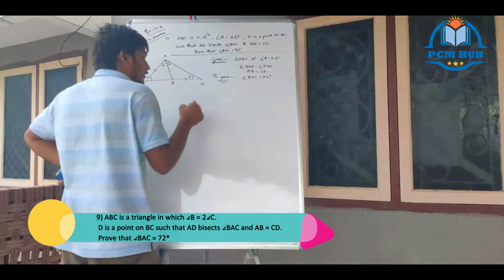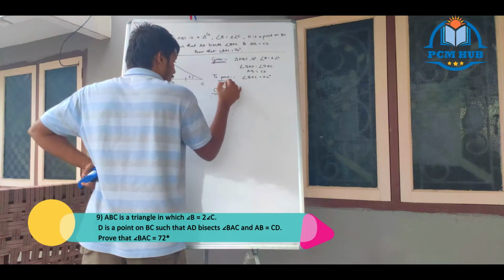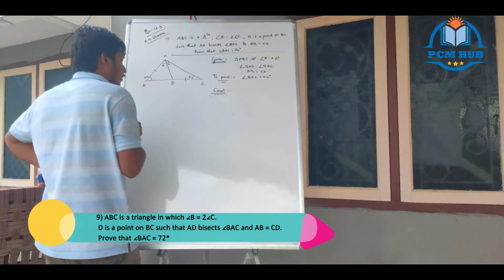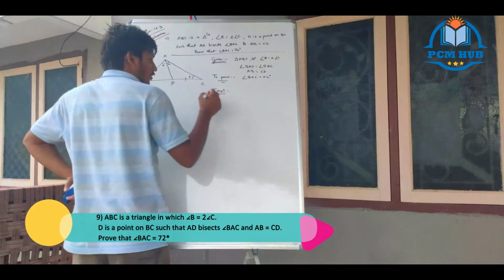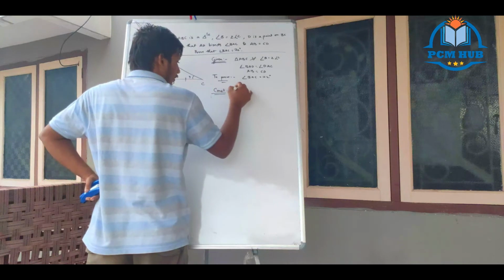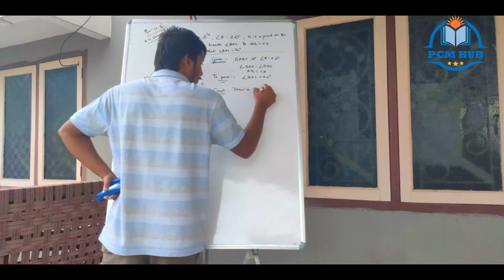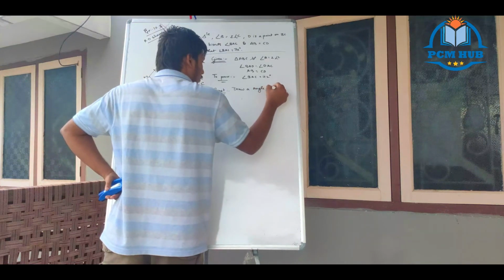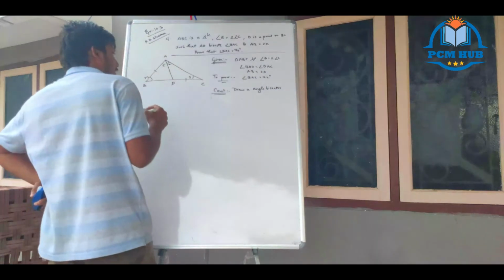Now we need to do one construction. What is that construction? Let us take a point P, draw an angle bisector. What is that angle bisector?